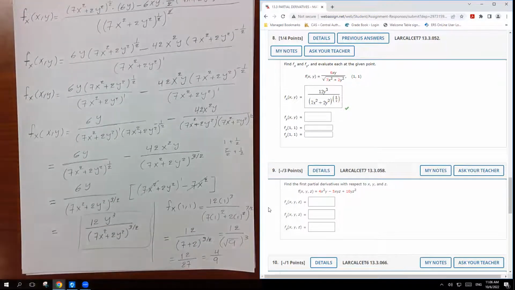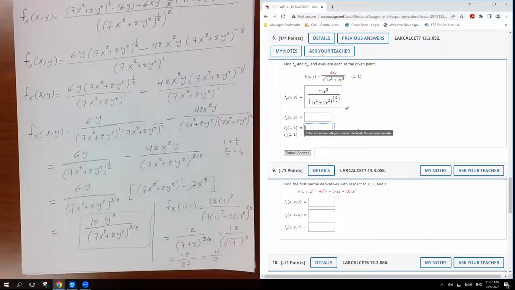Because here, this is a root, so square root of 7 plus 2, which is 9. The square root of 9 is 3, cubed. 3 cubed is going to be 27. 27, you can simplify it with the 12. That means here is going to be 4 over 9. 4 divided by 9. This is for f sub x.